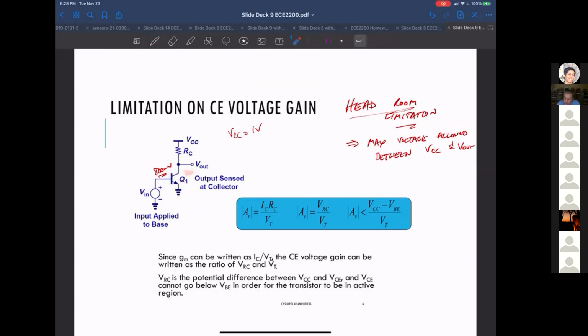My Vout can't be much lower than this 800 millivolts, right? So this sets the minimum Vout at approximately, let's say, 700 millivolts.